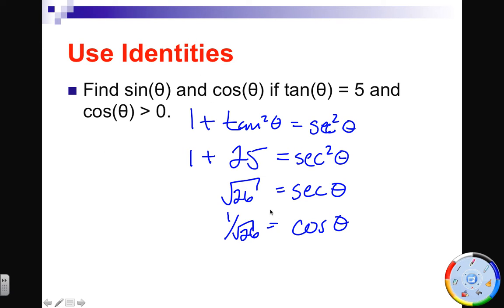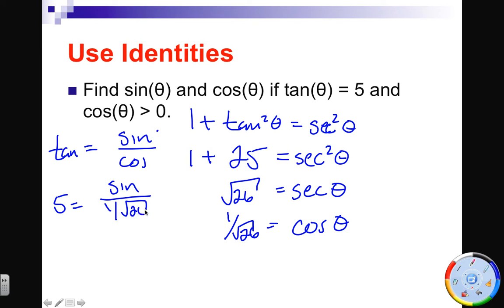I know cosine, so tangent equals sine over cosine. So 5 is equal to sine over what I know cosine to be. And then I can multiply both sides by this denominator, and sine of theta is equal to 5 over radical 26.